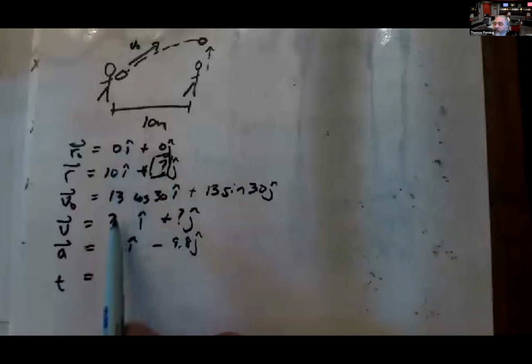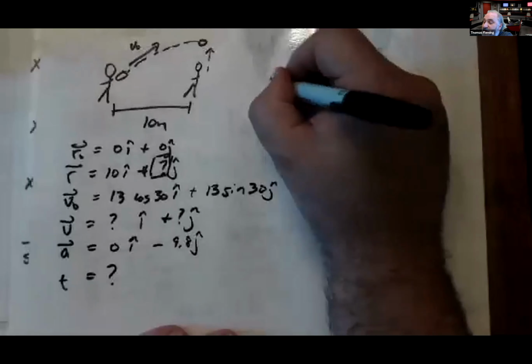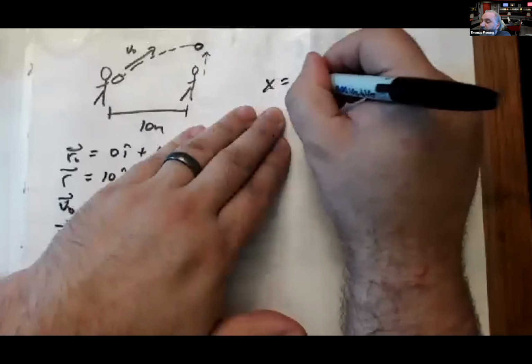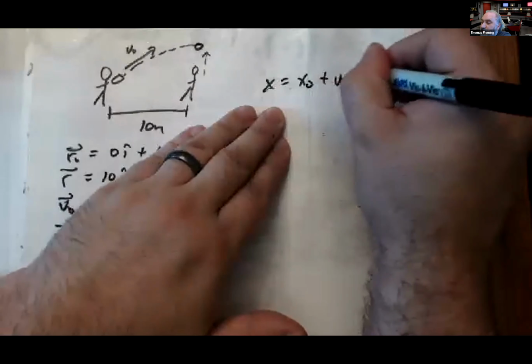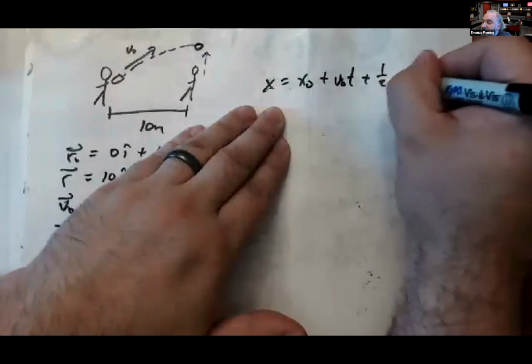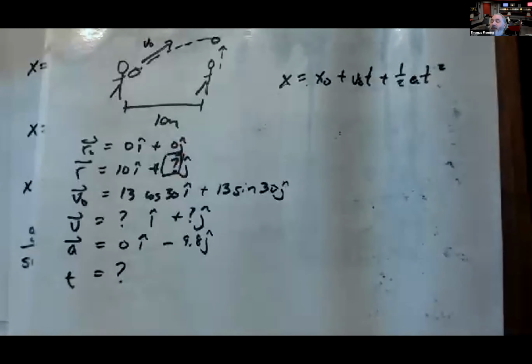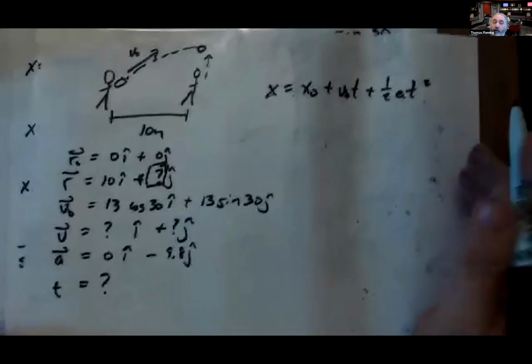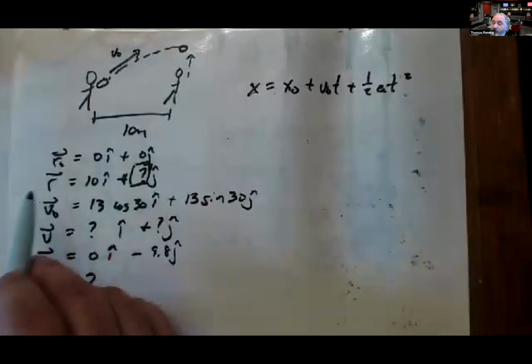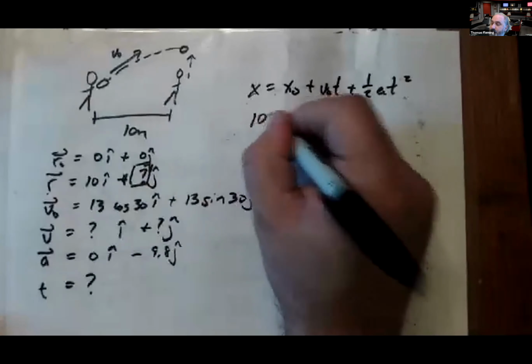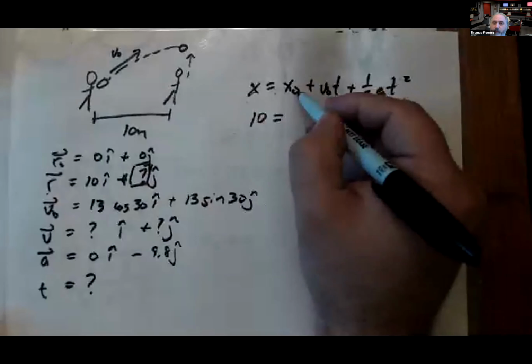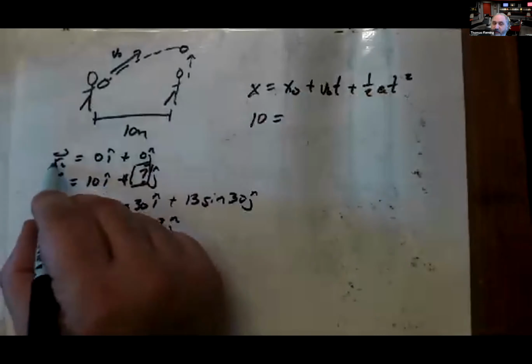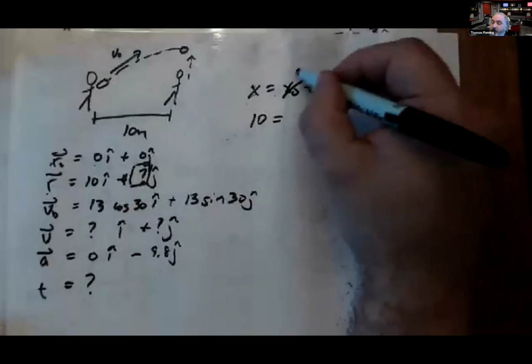Here I know everything there is to know except for the final velocity and the time. Which equation has time but not final velocity? The position equation. So I can say that x final equals x initial plus v initial t plus 1/2 a t squared. But I'm going to use this in the x direction only. So in the x direction, the final position is 10. The initial position in the x direction is 0.